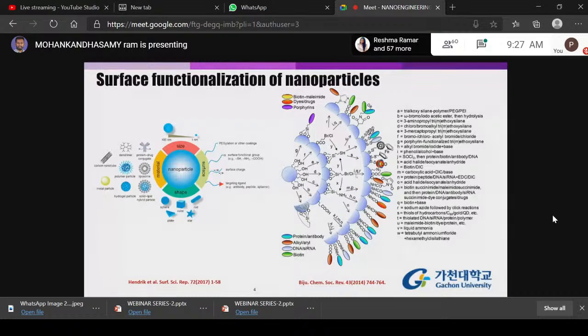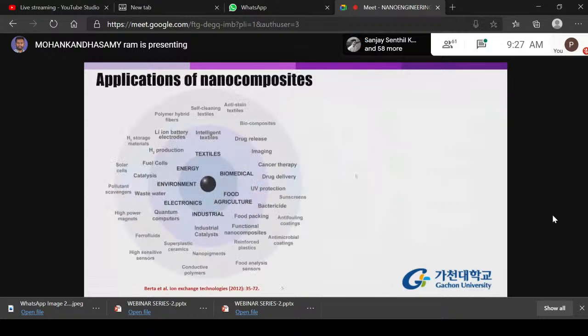So that's why I mentioned nanoparticles are so powerful, and they have more advantages than micro capsules or bigger particles. After modifications, where could these nanoparticles be applied? As shown here, they could be applied in different sections, starting from self-cleaning textiles.